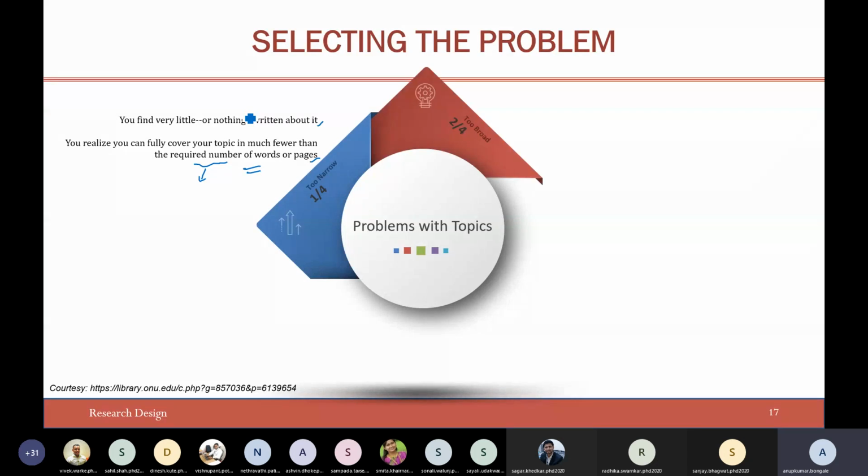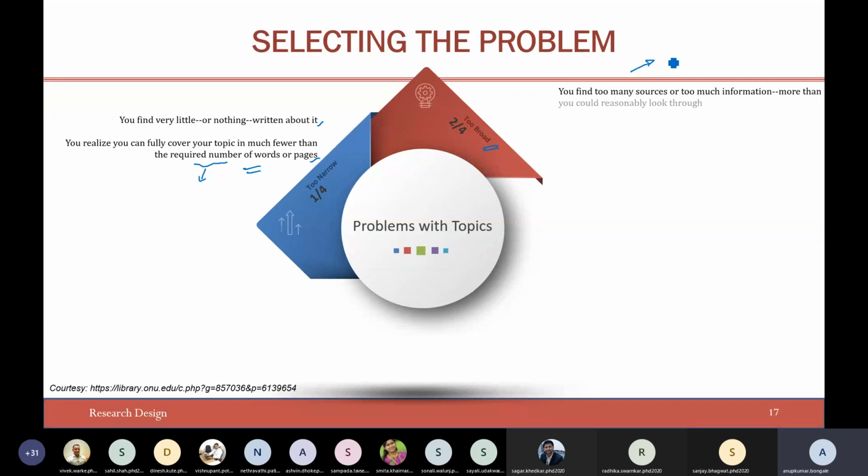And also sometimes you may end up choosing a problem statement which is too broad. So what should you do? How do you know whether you have ended up in a broad area? You find too many sources, the way in which I told. If you search for WSN, you will find more than 1 lakh papers published. So you should think before you go ahead.